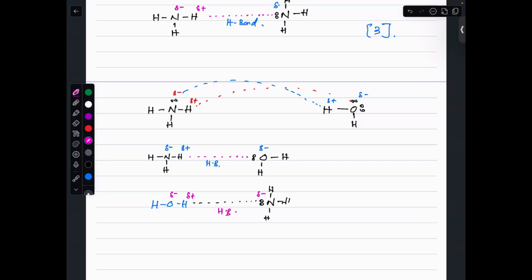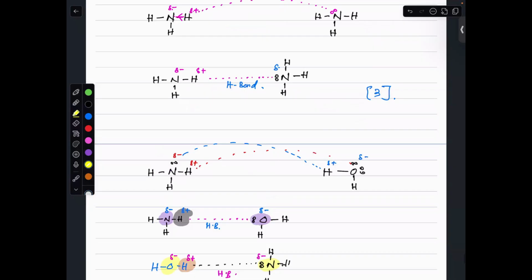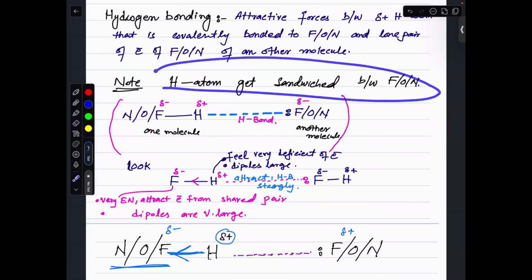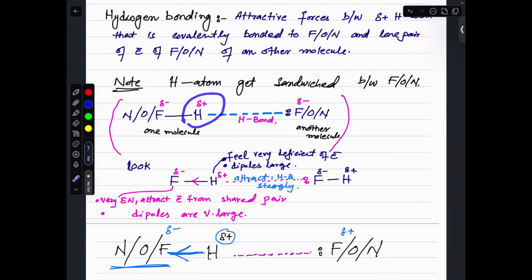Now, is the hydrogen getting sandwiched between nitrogen and oxygen? Yes. So what I told you is that when there is hydrogen bonding, the hydrogen will be sandwiched between FONs. Right?